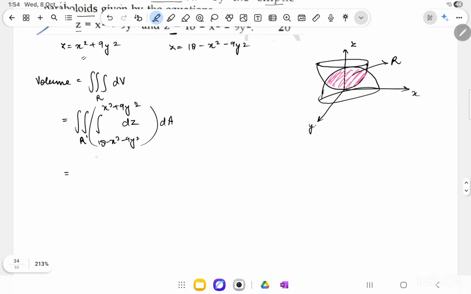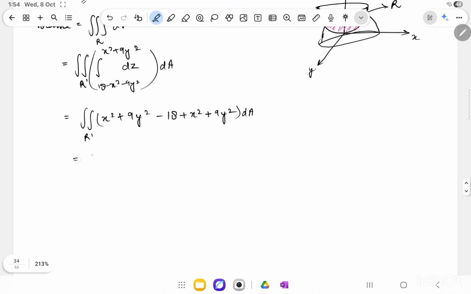So if we integrate with respect to z, it will be the double integration over R dash of x square plus 9y square minus 18 plus x square plus 9y square times dA, which is equal to the double integration over R dash of x square plus x square, which is 2x square, and 9y square plus 9y square, which is 18y square, minus 18 times dA.